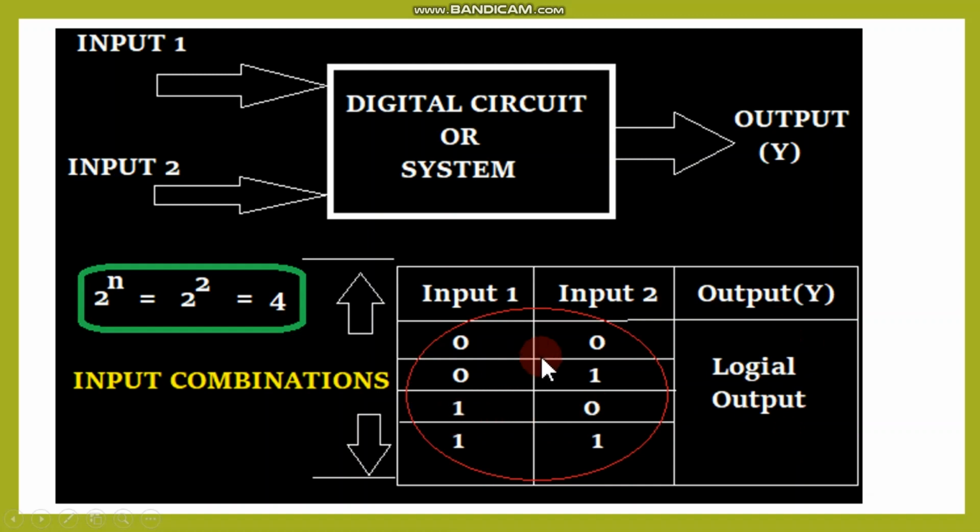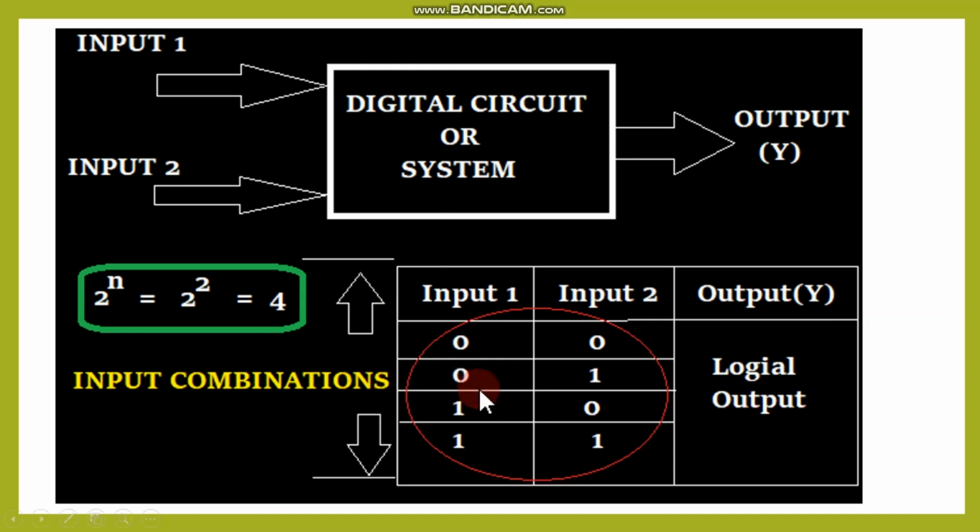Now see the input 1 and input 2 columns. In the circle which I have made using red color, you can see the first row is 0 0. That means input 1 is 0 and input 2 is also 0. Now 0 means both the inputs are at low logic. That means low voltage is supplied at input 1 as well as at input 2 terminals.